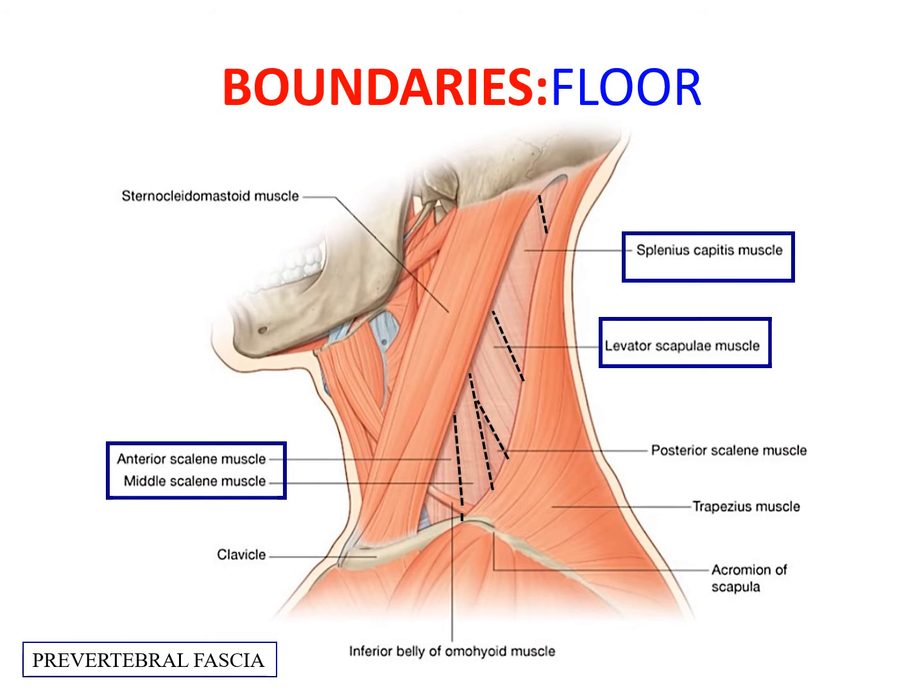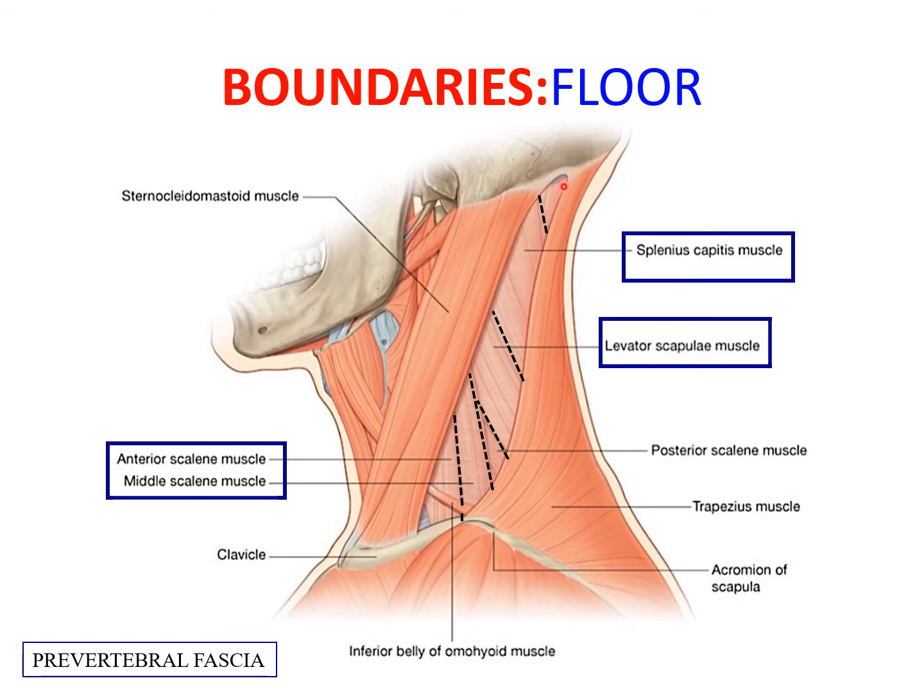Coming to the floor of the posterior triangle. As I've already told you, the floor of the posterior triangle is formed by the prevertebral fascia. This prevertebral fascia forms the fascial carpet of the posterior triangle. Now, deep to this prevertebral fascia, the floor is formed by 4 muscles from above downwards: the splenius capitis, levator scapulae, scalenus medius and scalenus anterior muscle.